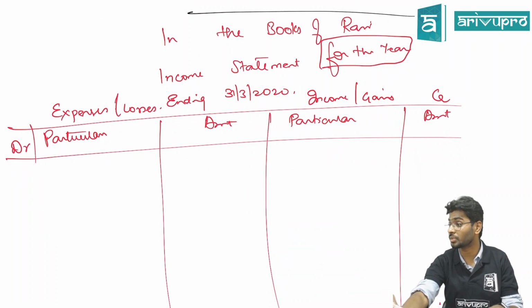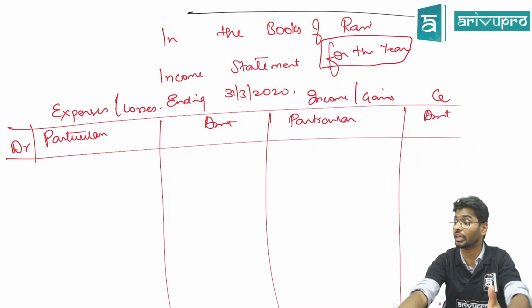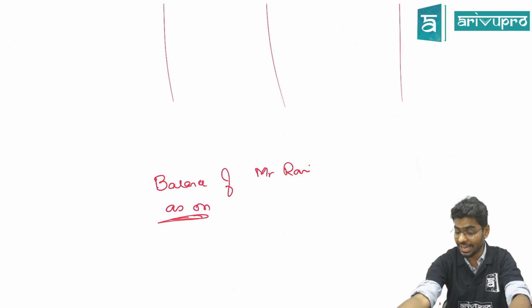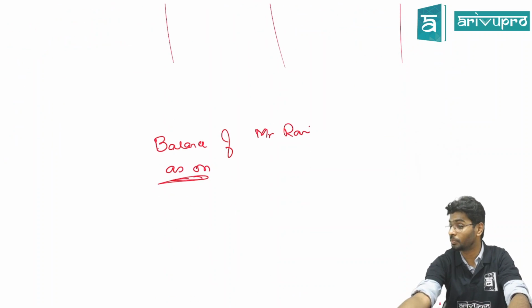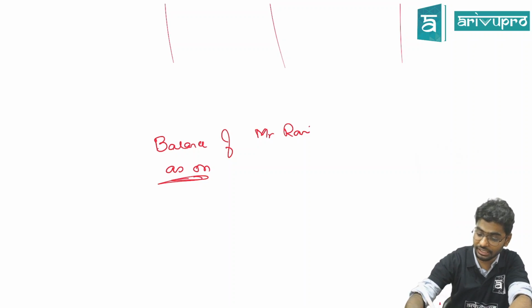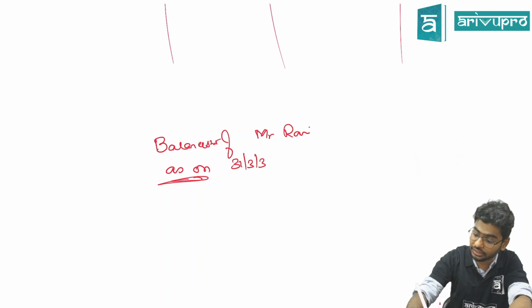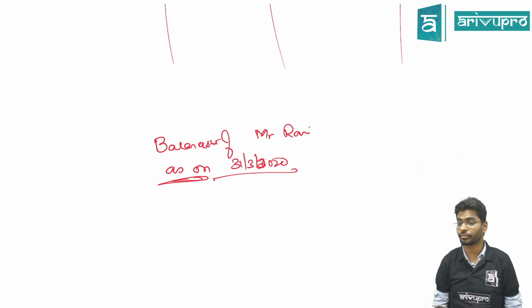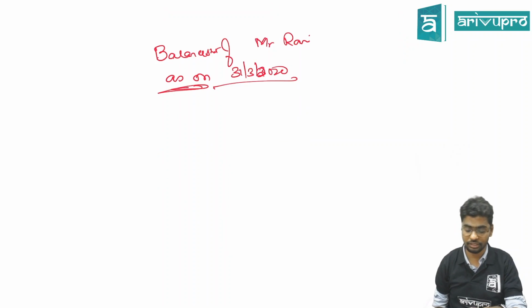Because I told you when I did my chapter number 2 that we always make income and expenditure as a way to ascertain my results for a particular accounting period, whereas my financial position is on a particular date. So balance sheet of Mr. Ravi as on 31/3/2020. Are you guys clear till here?